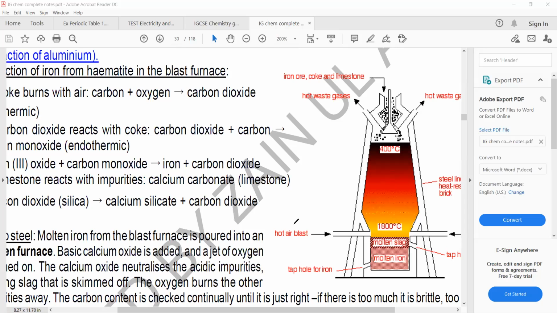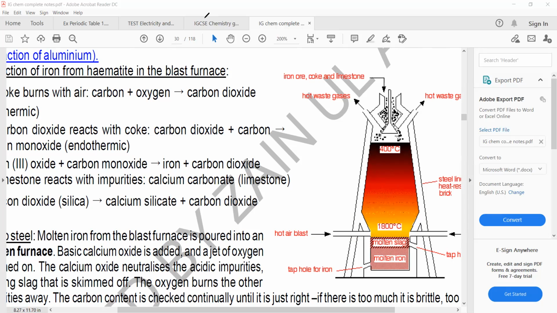So we blow hot air from the bottom. It reacts with carbon, forming carbon dioxide. Carbon dioxide further reacts with carbon, forming carbon monoxide. And carbon monoxide reacts with iron oxide, forming iron and carbon dioxide.